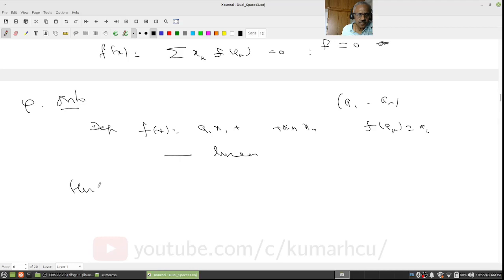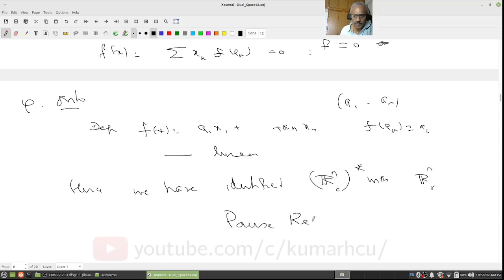Hence we have identified the dual of the column vectors with row vectors. So pause, review and proceed.